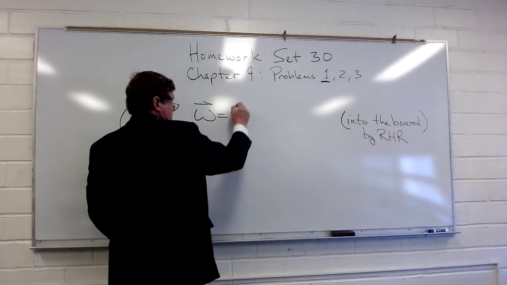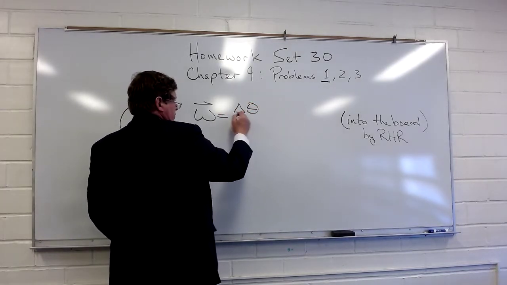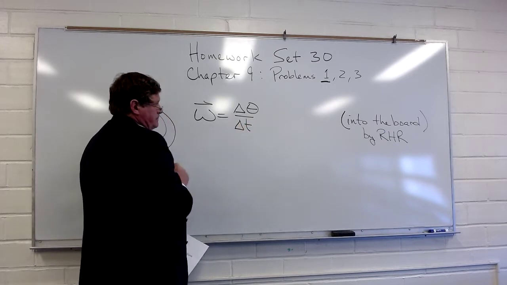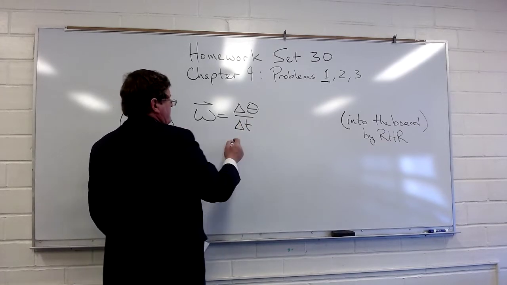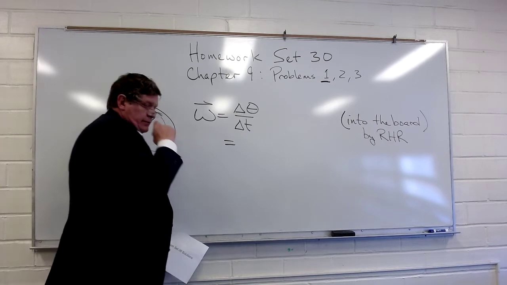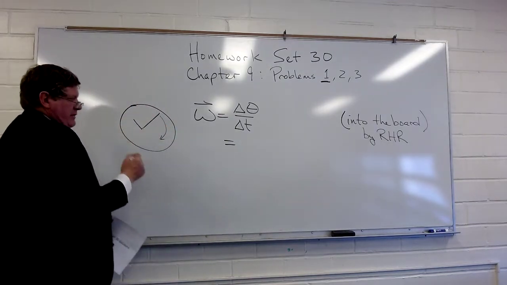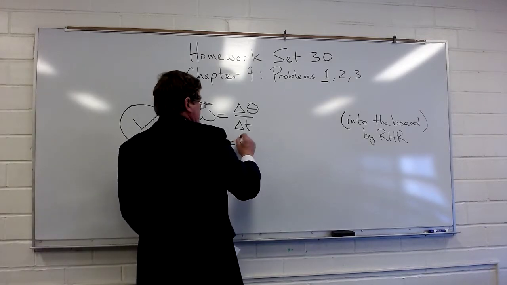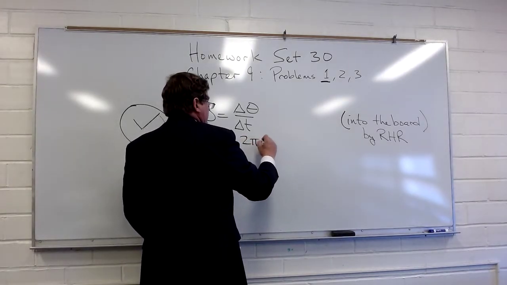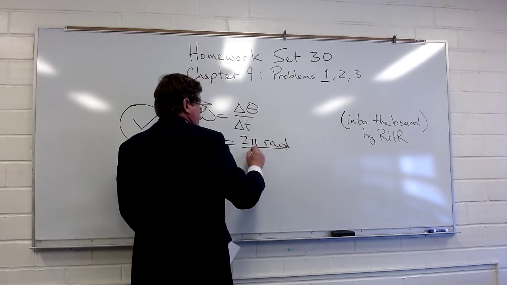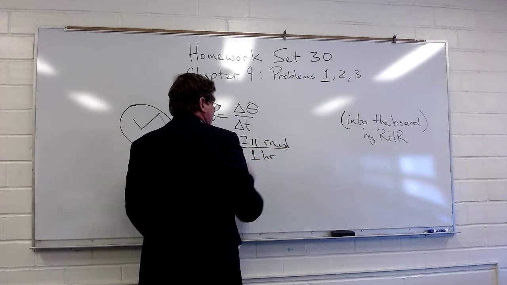Well, that's just the angle that it goes through divided by the time that it takes. Well, the angle that it goes through, I know that this minute hand goes around once every hour, and once around is 2 pi radians for each 1 hour.